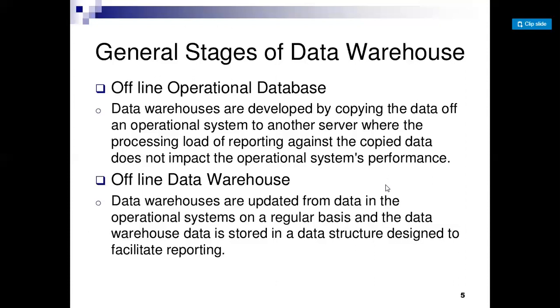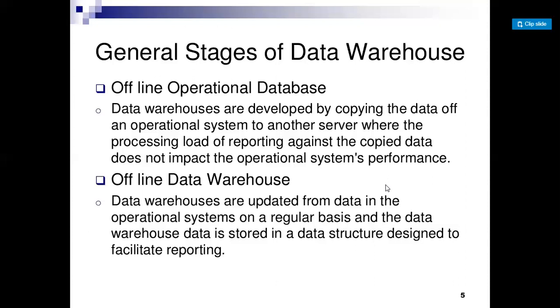In this way, it is also not an online data warehouse, it is a kind of offline data warehouse, but the difference is that it is updated on a regular basis. While in the first one, it just copies the data from the operational system, and the data that has already been copied is not updated frequently.